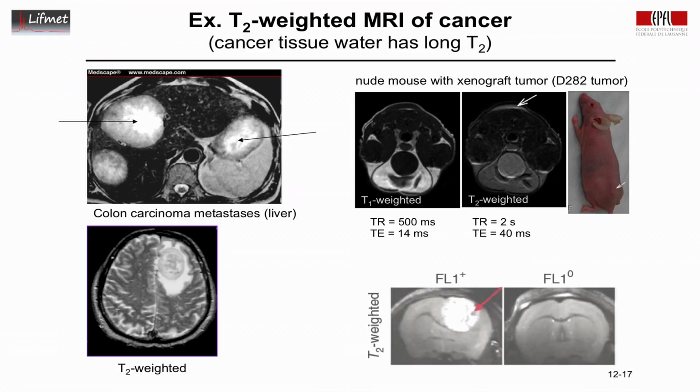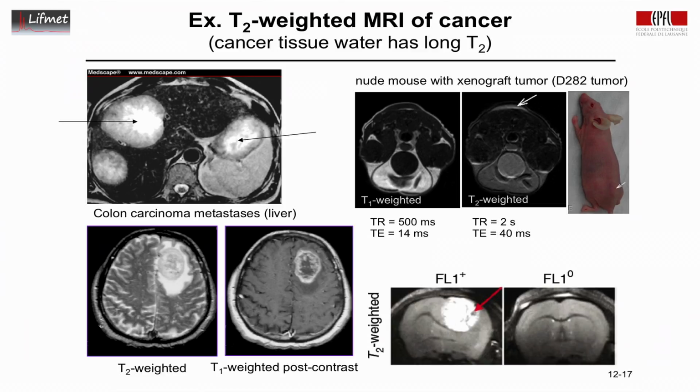Here's again a mouse implanted with tumor-bearing cells, and non-tumor-bearing cells. In the T2 weighted image, clearly the tumor that has grown is very visible. And now on the T2 weighted image, one has very often a contrast that is not homogeneous for a tumor.